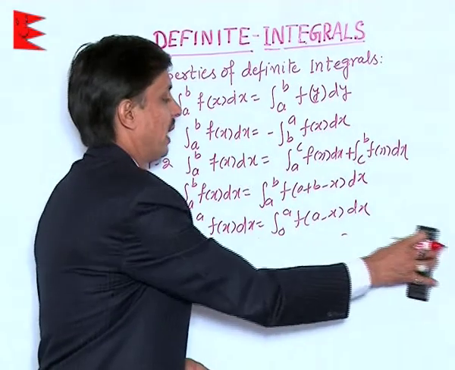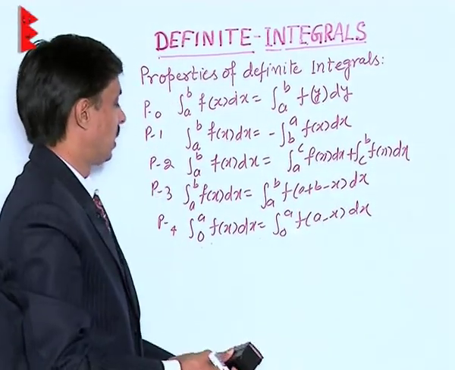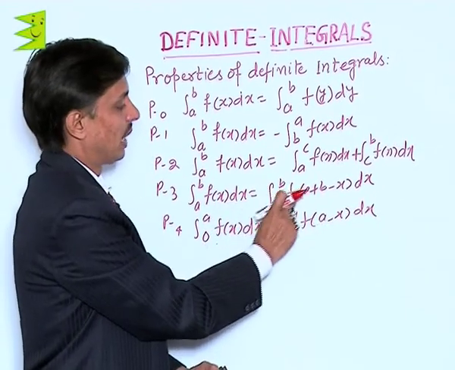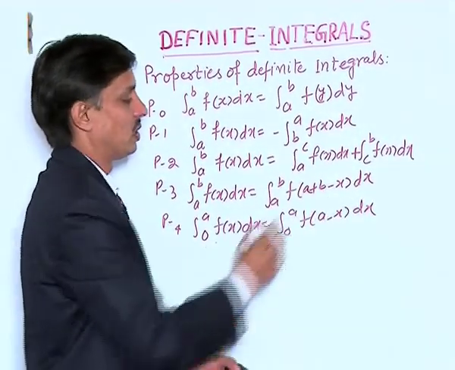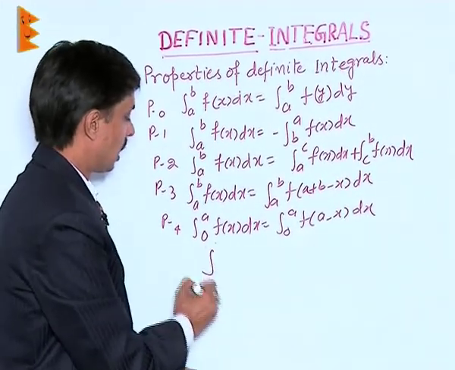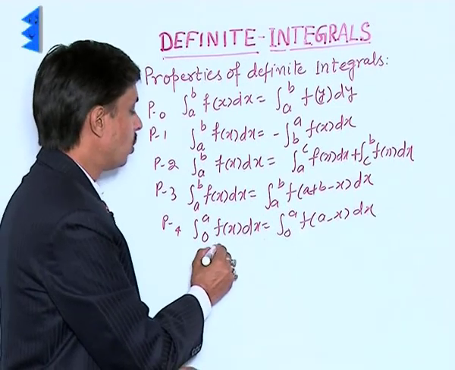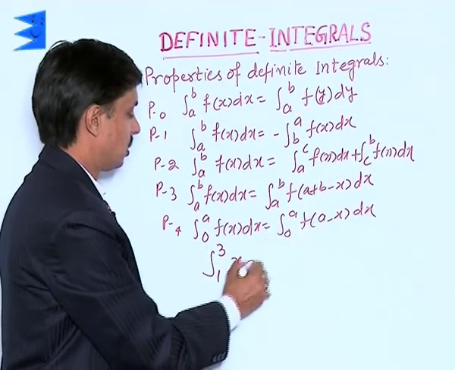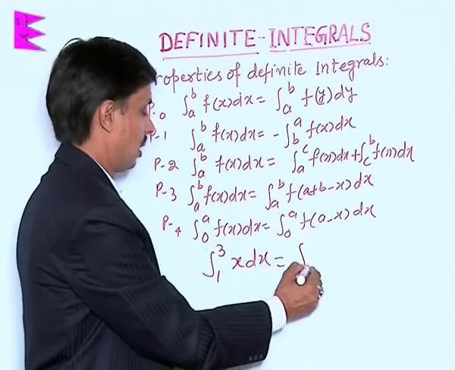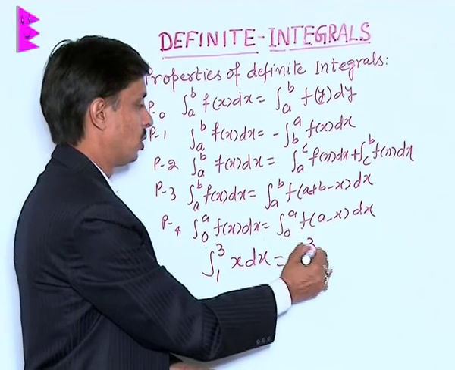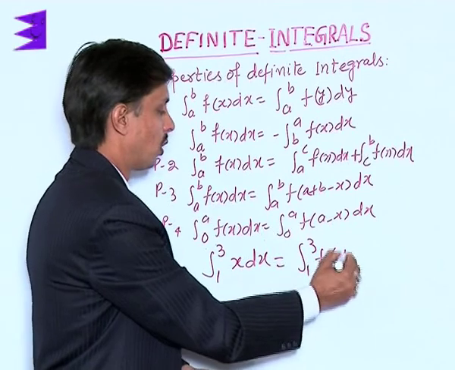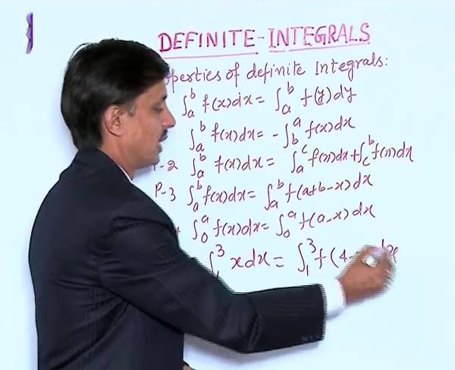Now with the help of one example I will explain the third property. The integral from a to b of f(x) dx is equal to the integral from a to b of f(a plus b minus x) dx. Suppose a problem is here, 1 to 3, x dx. The answer of this part will be the same as a to b, that is 1 to 3, f of a plus b, that is 1 plus 3, 4, minus x dx.